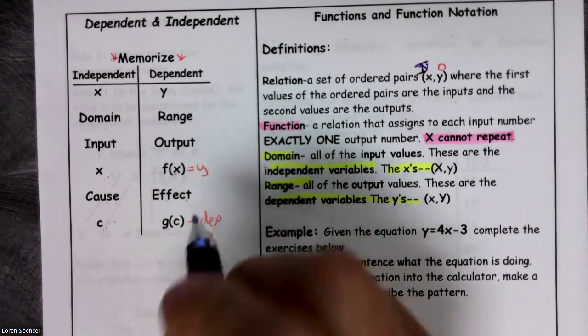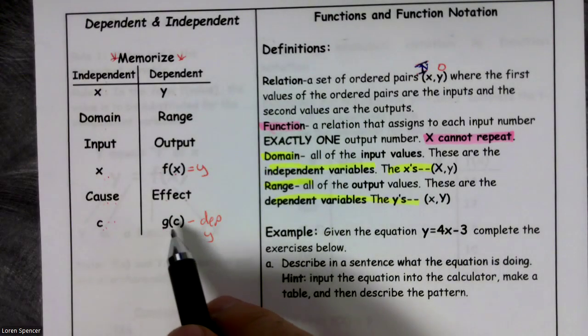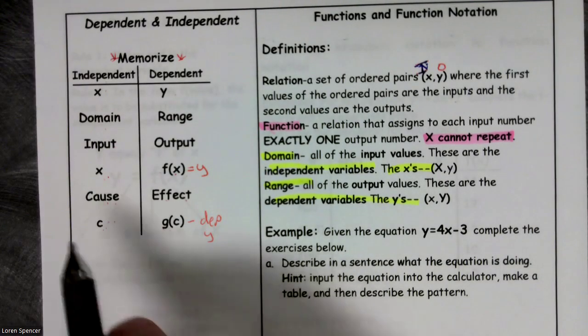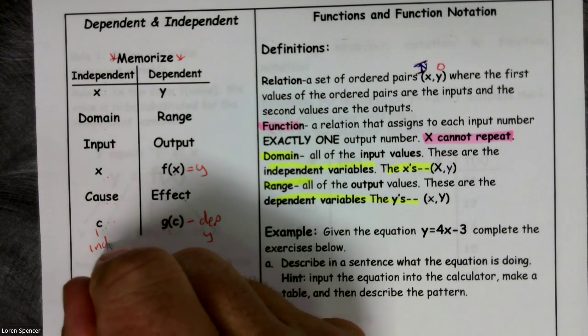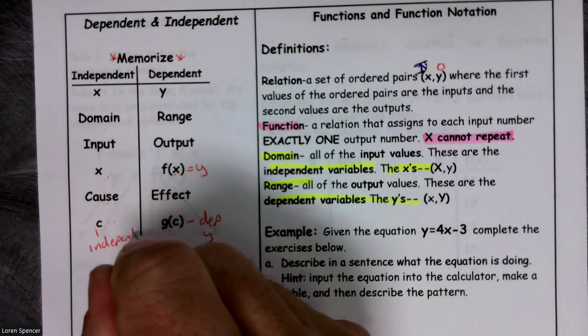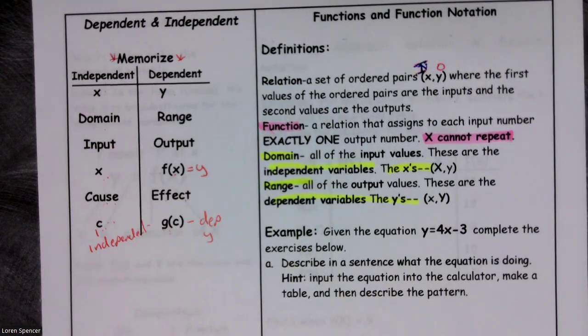This is like my Y variable. It's not a Y, it's a G of C, the function performed on C, where C is like my X. C is my independent, and it's similar to an X.